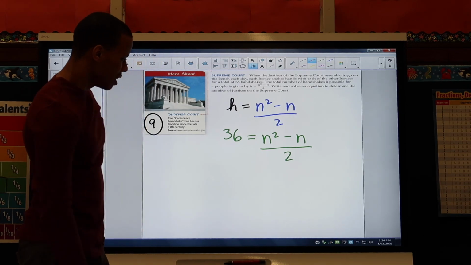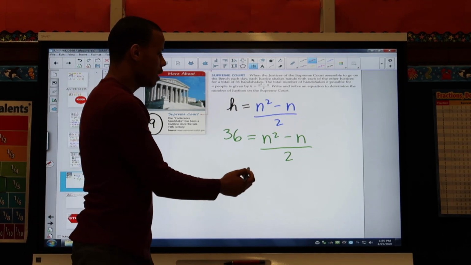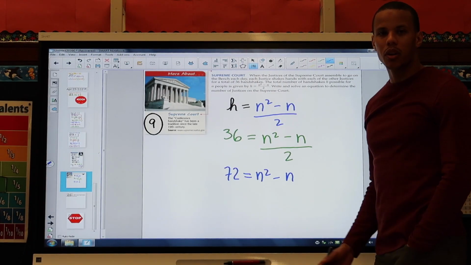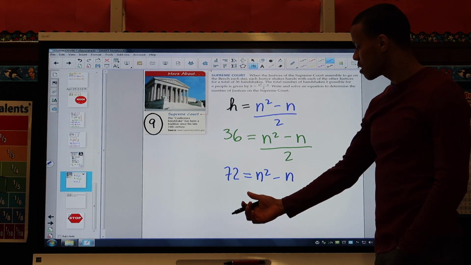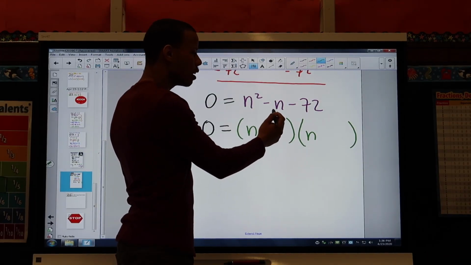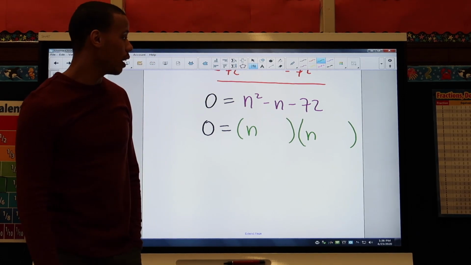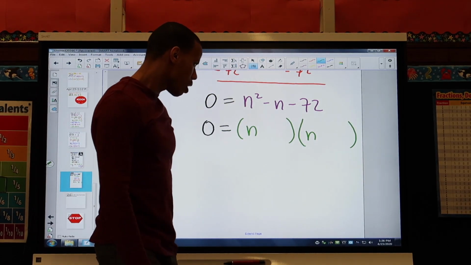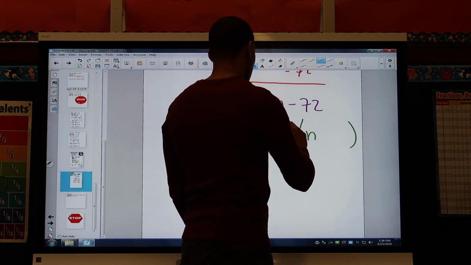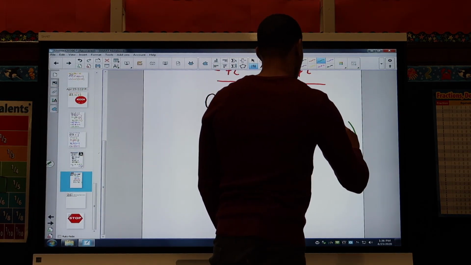So now I want to solve for n, right? So I'm going to multiply both sides by 2. And now I want to write this in standard form, so I'm going to subtract 72 from both sides. That add up to -1, multiply to -72. So I'm thinking that that should be -9 and +8.